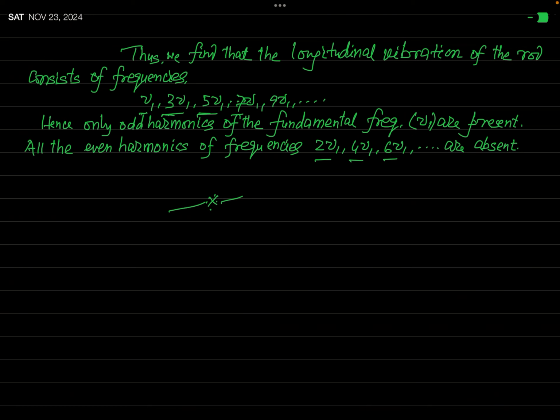All the even harmonics, that is 2 nu1, 4 nu1, 6 nu1, are absent. Okay. So in this way you have seen how we can discuss the problem of finding the normal modes of vibration of a rod, particularly under the boundary condition when it is clamped at one of its ends.